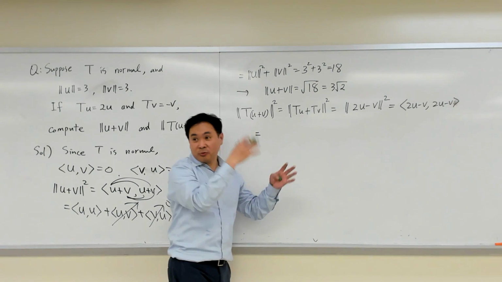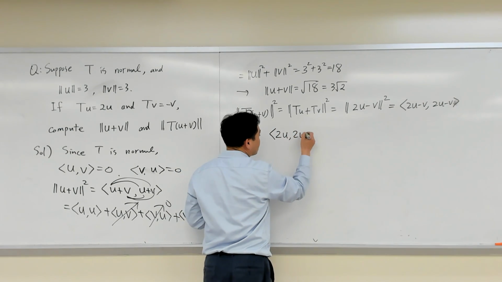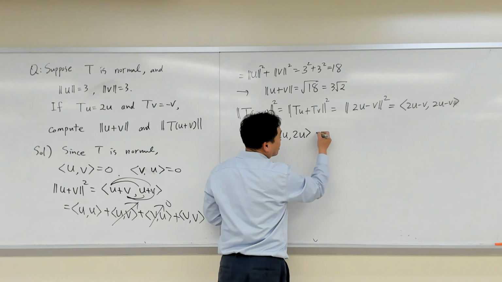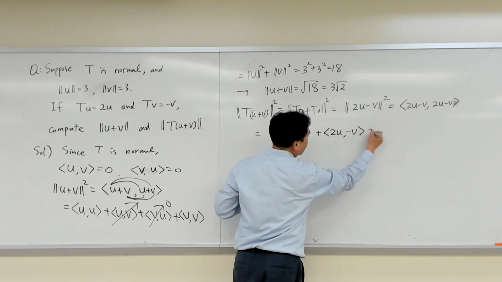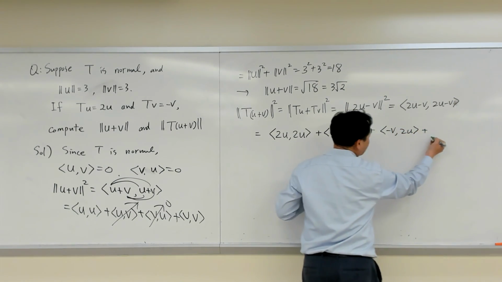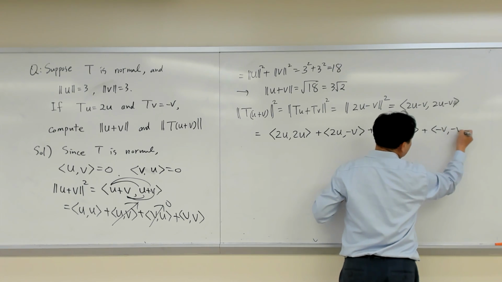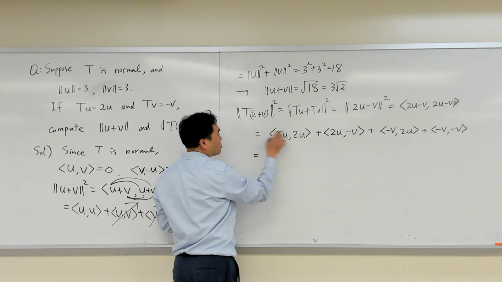Again, you just FOIL this out, you get <2u,2u> plus <2u,-v> plus <-v,2u> plus <-v,-v>.